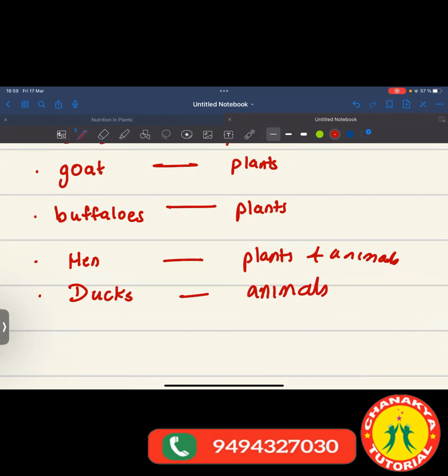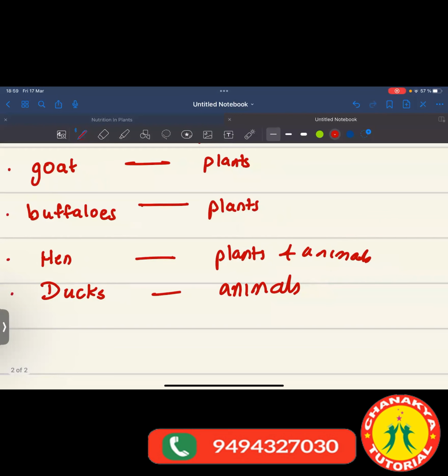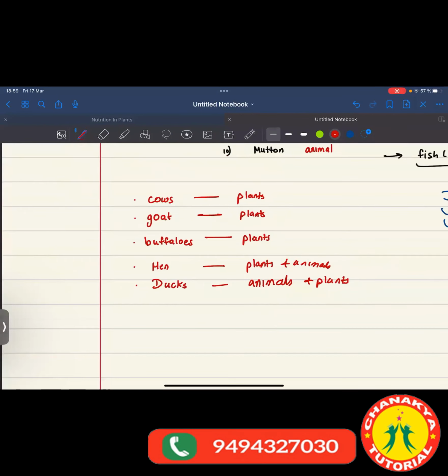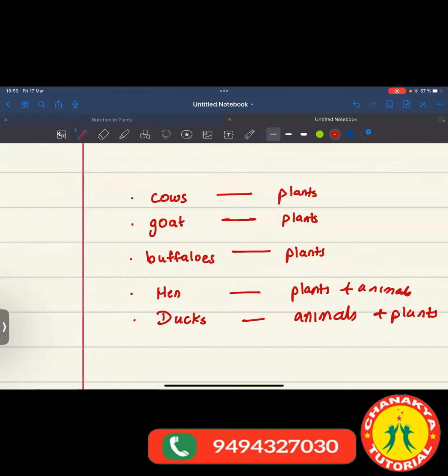Ducks don't eat plants. Okay. So are you sure the ducks don't eat plants? Or do they eat plants? Ma'am, I don't know. They are dependent on seeds also. Yeah, so animals and plants again. Okay. So you can see completely over here.